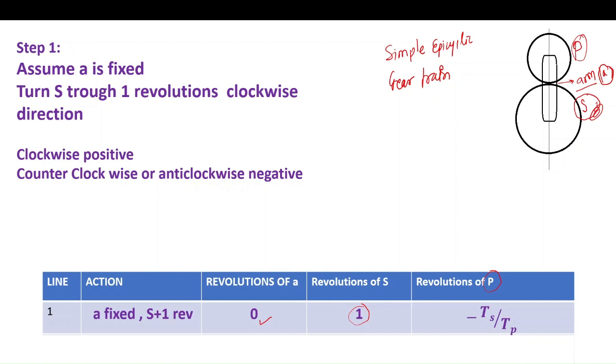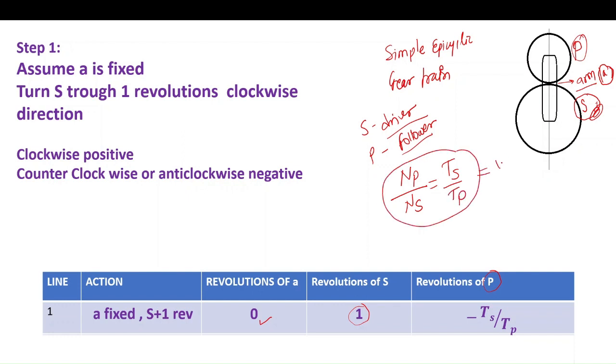In this case S is the driver and P is the follower. We have to find the velocity of P. The angular velocity ratio is equal to ts upon tp. We get this from the velocity ratio, but here if S is rotating in a clockwise direction, P will be rotating in the anti-clockwise direction.